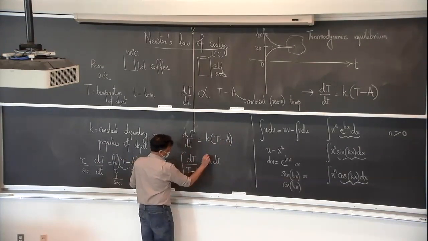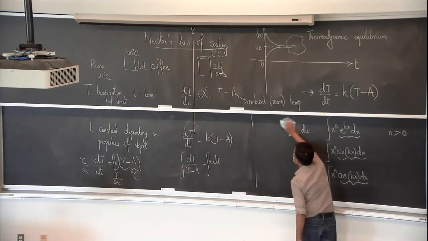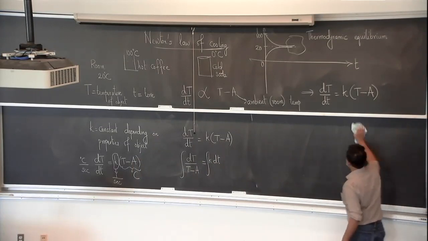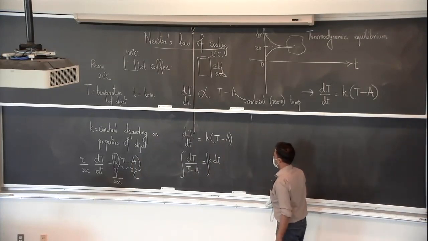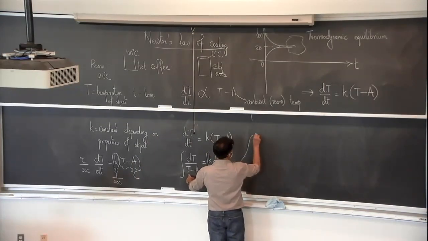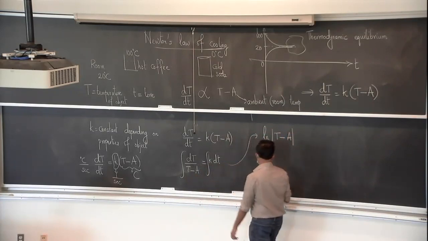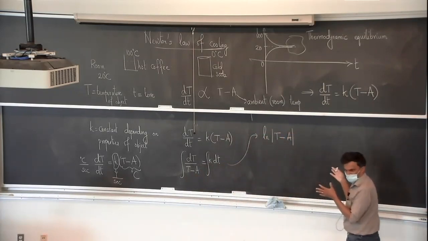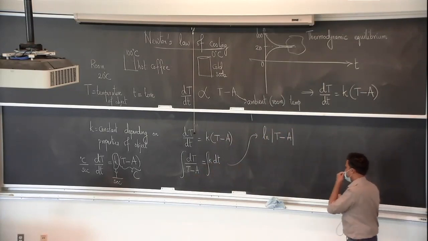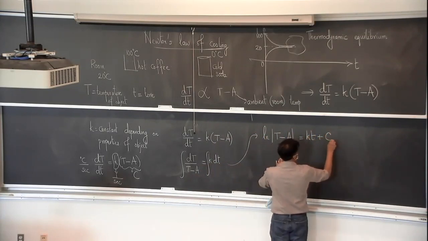Integrate both sides. Nothing fancy here. This is going to be the logarithm of the absolute value of T minus A. Once again, that shows you what the absolute value is doing there. If T is greater than A or less than A, it would adjust the sign. This equals kt plus some constant c1.